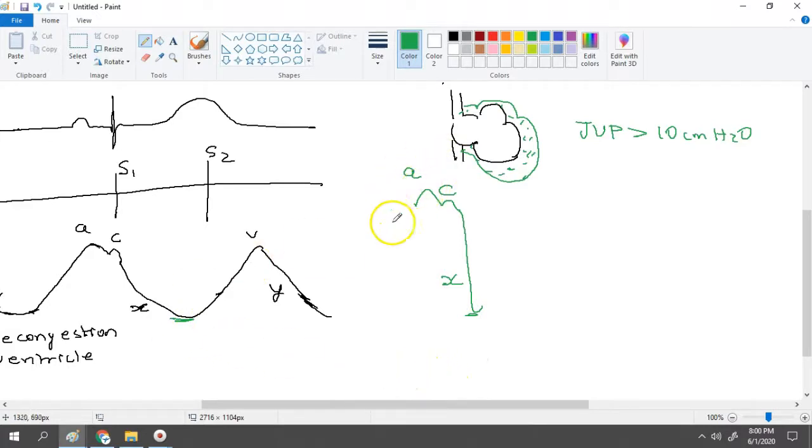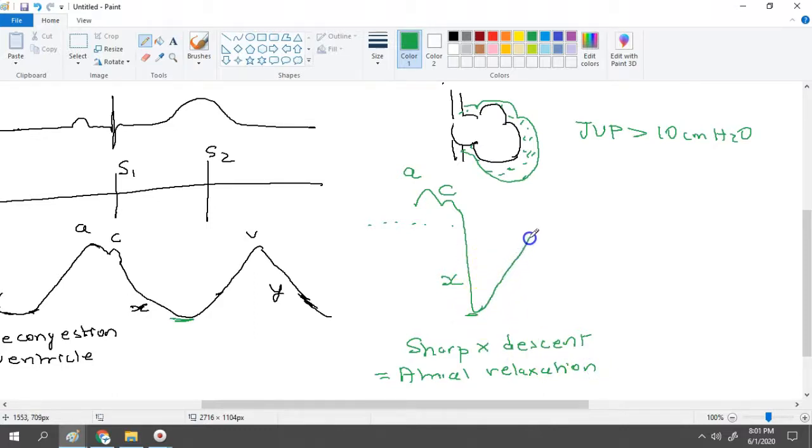So you can see that from a much higher baseline, there is a sudden dip. So this produces a sharp X descent. Sharp X descent is very classical. This is because of atrial relaxation, right? Then the same thing happens.